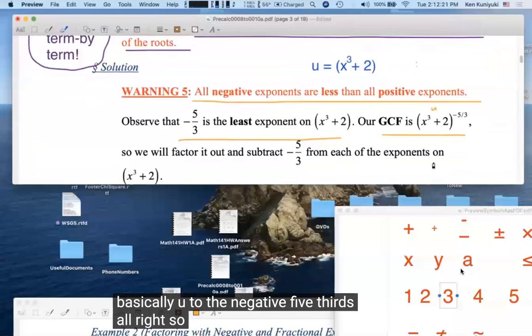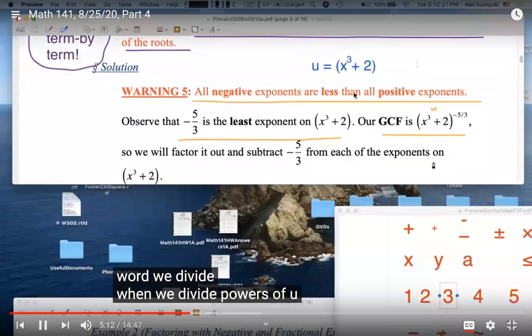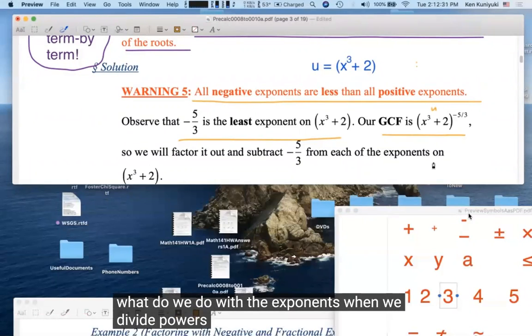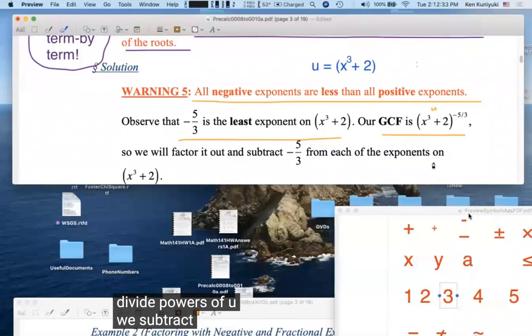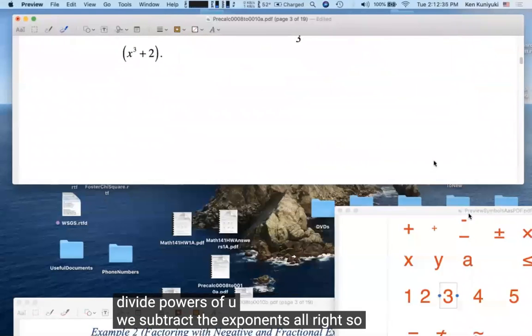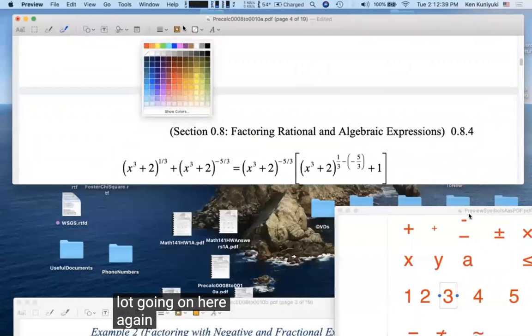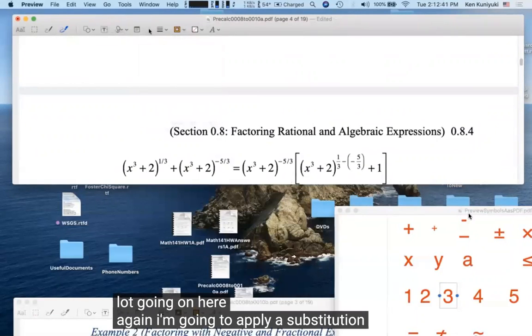All right, so when we factor, we do what D word? We divide. When we divide powers of u here, what do we do with the exponents? When we divide powers of u, we subtract the exponents. All right, so a lot going on here. Again, I'm going to apply a substitution.